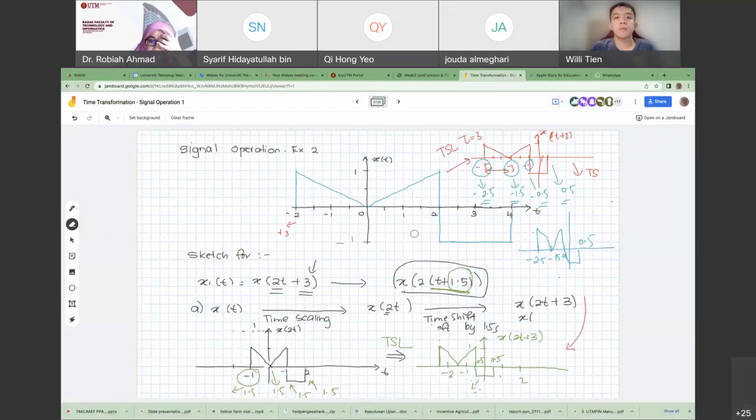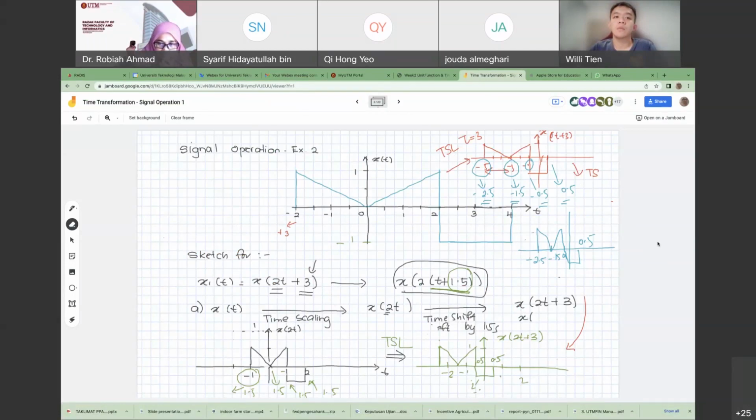Here, I'm showing you the two methods. The first one is you scale and then you shift. This one you shift and then you scale. Which one do you feel comfortable with? Both methods are the same. I will further explain tomorrow because now it's 4 o'clock already. Okay, see you all tomorrow.